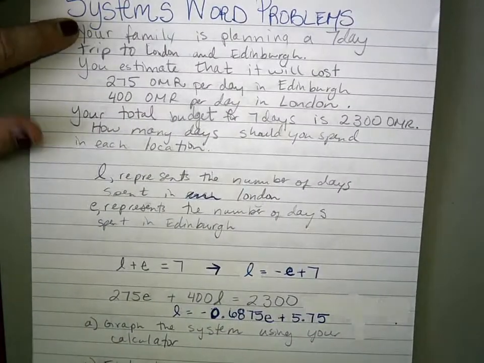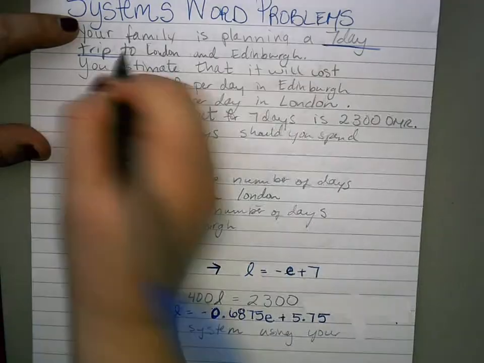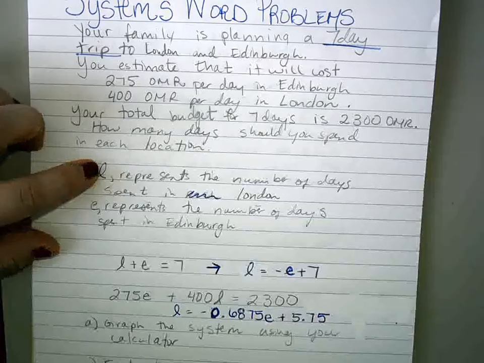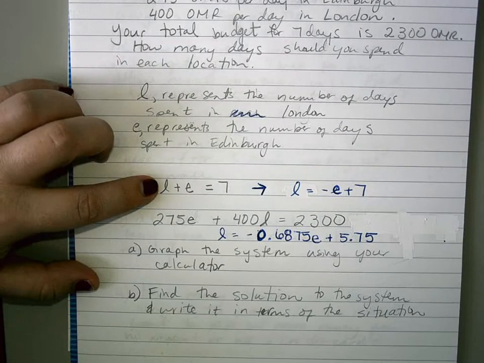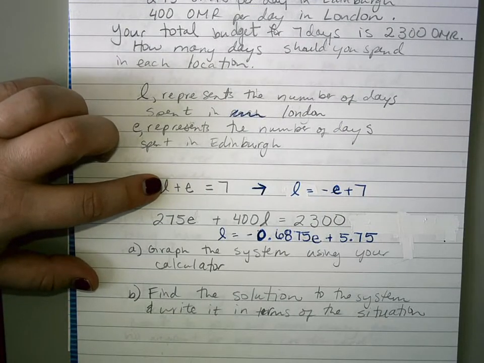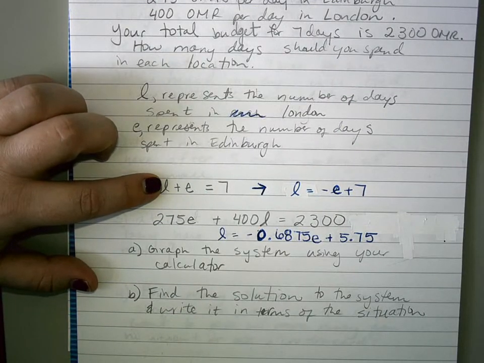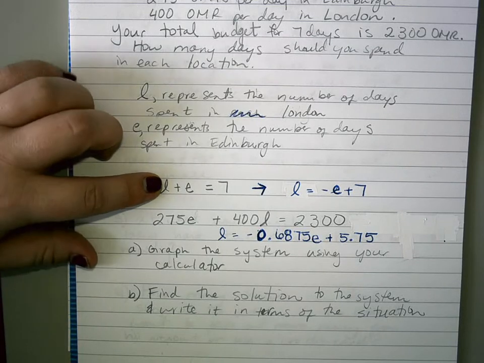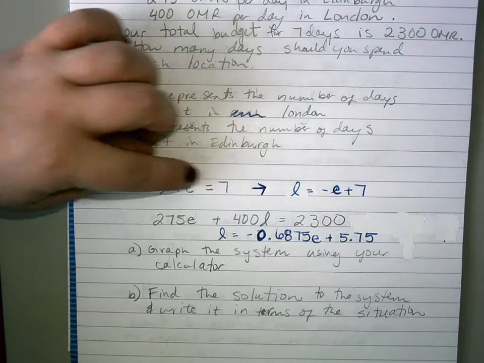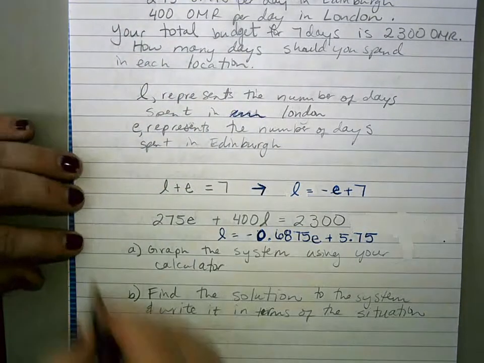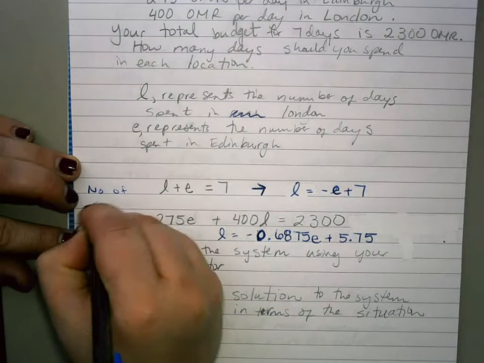Remember, we talked about a 7-day trip. And so if we think of L as the number of days in London and E as the number of days in Edinburgh, then L plus E will equal 7. So the number of days in each place is 7 days total. So this equation represents the number of days.